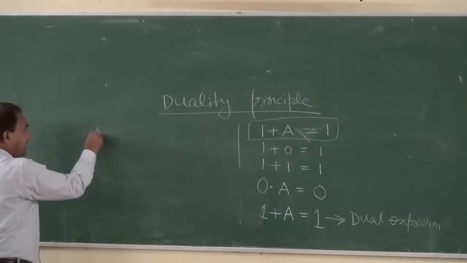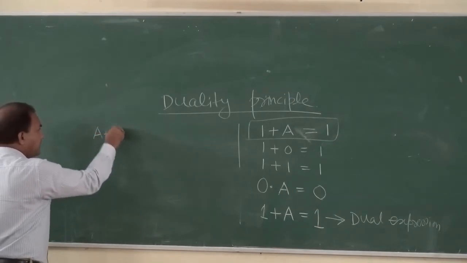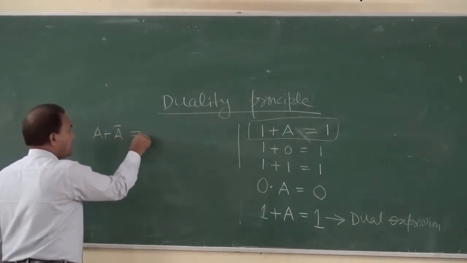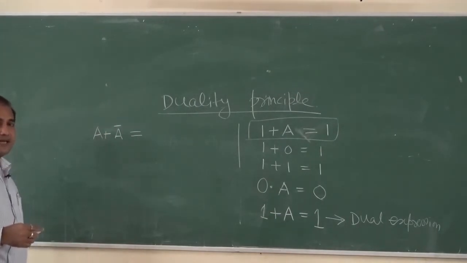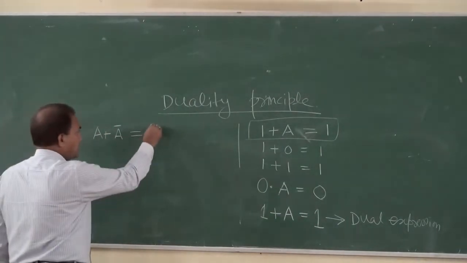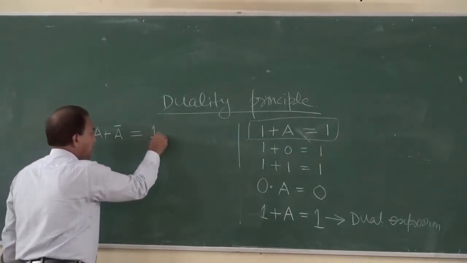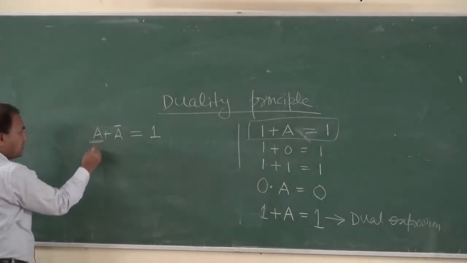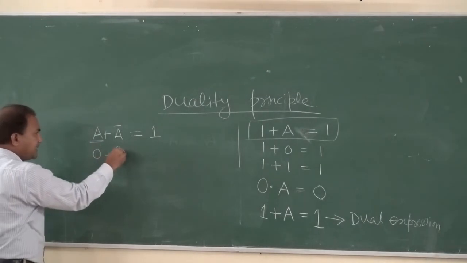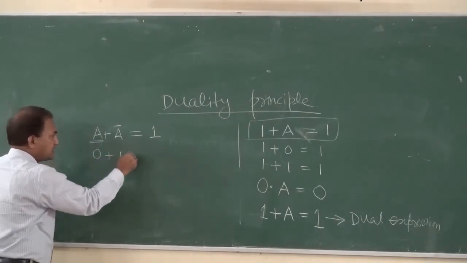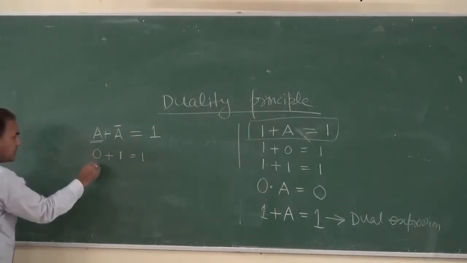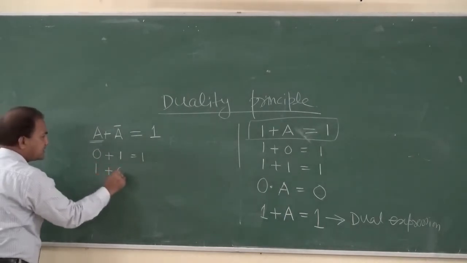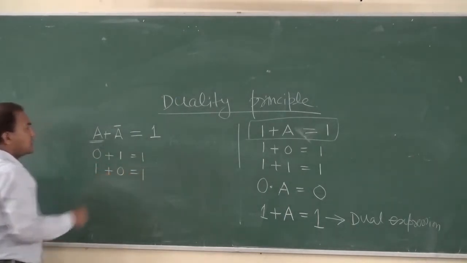Then you can write A plus A complement. What is it equal to? A plus A complement is always equal to 1. How can you prove it? If A is 0, its complement is 1, so it is equal to 1. If A is 1, its complement is 0, so it is equal to 1.